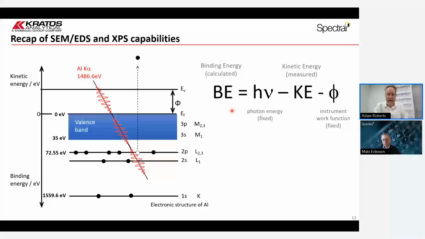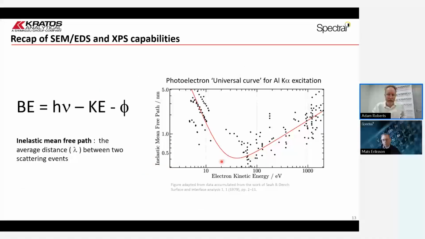So let's have a look at where the surface sensitivity of XPS derives from. Essentially, we have the relationship between the kinetic energy: if we plot the electron kinetic energy, so the energy of the electrons that we are measuring, versus the inelastic mean free path length, we can see we get this so-called universal curve.